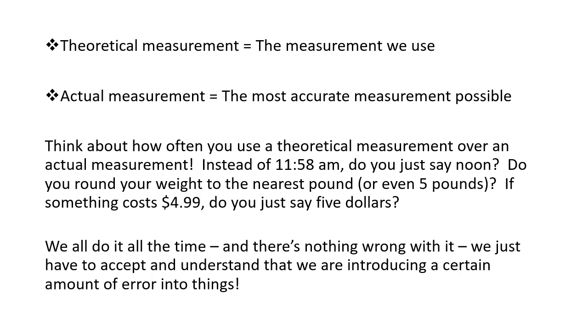Even though they're being accurate, I mean, they're using an actual measurement. It just seems like a real sort of pedantic thing to do. And then, really, if we want to get into it, we could even get into whether or not that's an actual measurement because that's being rounded to the nearest minute. We're not giving the time to the actual second or even decimal of a second. So there's always a certain amount of error in things, but we just want to try to keep it as minimized as possible.